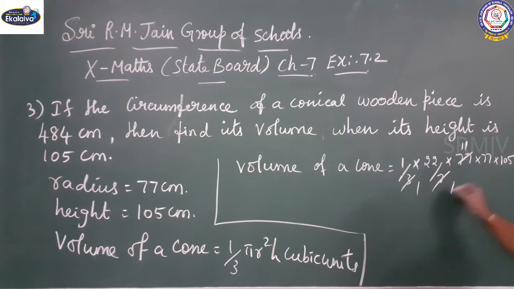See here, 3 1s are 3, 3 3s are 9, balance 1, 35. 22 into 11, 242. 242 into 77 into 35.